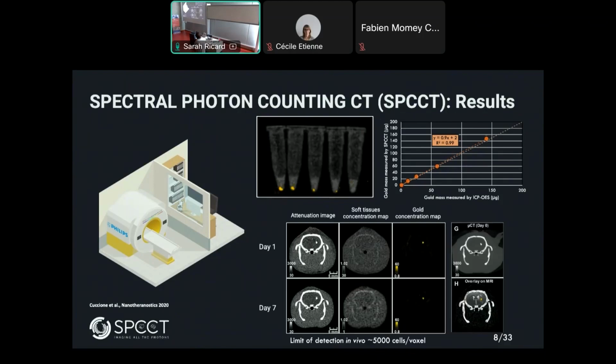And so thanks to that, you have, for instance, gold, and you can estimate it in your animal with a device that does not cost $2 billion, but only some million, and estimate the concentration of contrast agent that you have here, on the cells.